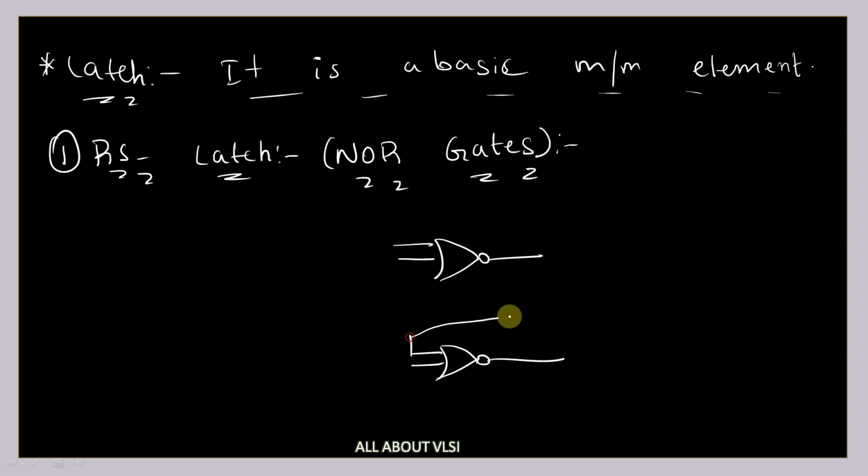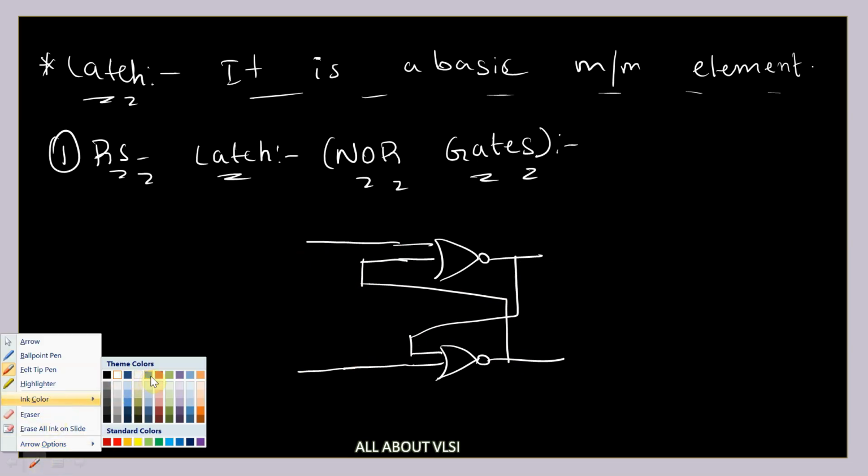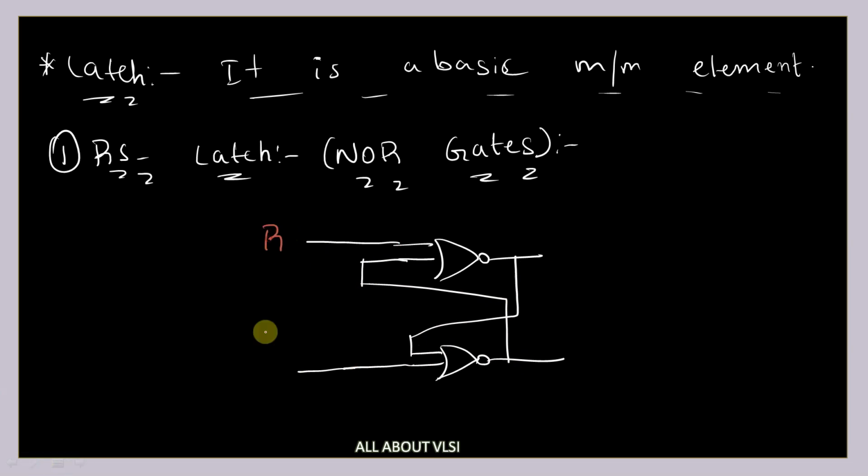This input is given from this output, and this input is taken from this output. This is nothing but our R, and this is our S, and this is Qn output, and this is Qn complement. So this is our RS latch using NOR gates.